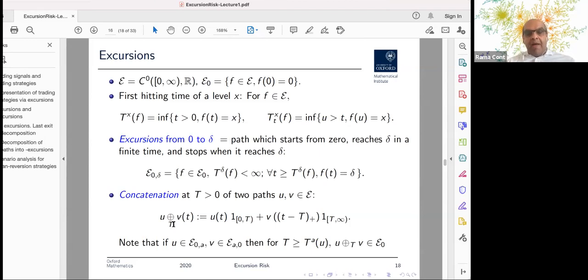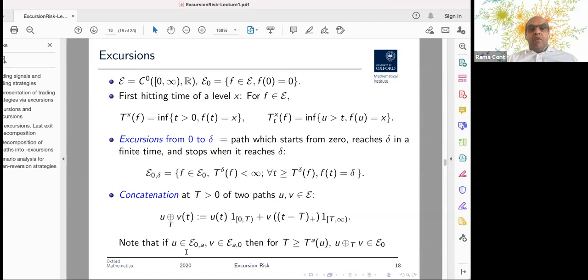It means I get a new path, which is u before this time t and v after time t. But both of these paths start from 0, so I just need to translate v. So at time t, it starts from u at t. That's the concatenation operation. I denote it plus t. It means that I paste them together at time capital T.